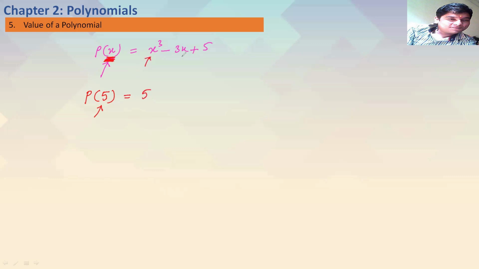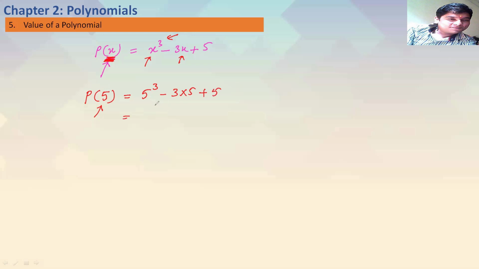X is present here, x is present here. Come on, read it once. 5 cubed minus 3 into 5 plus 5.